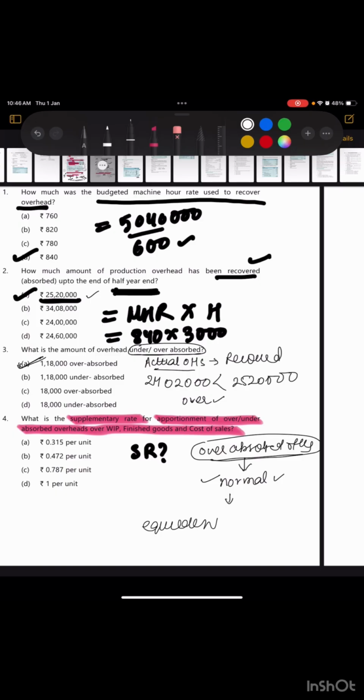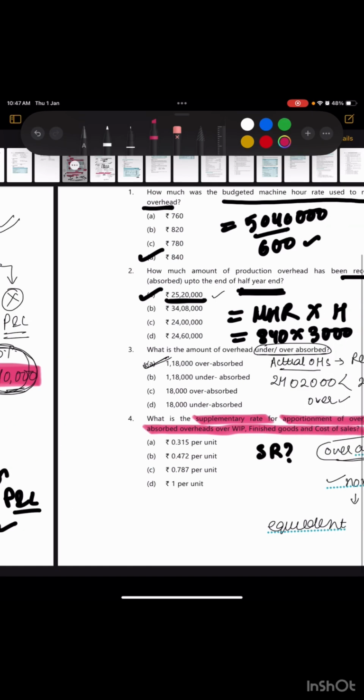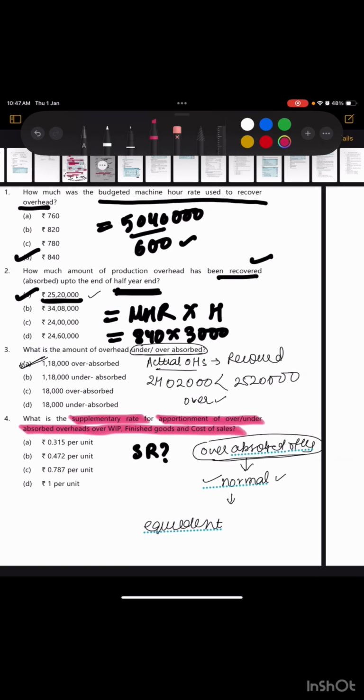Now equivalent units would mean that, as we can see here, the finished goods are 1,10,000 and work in progress is 80,000, but only 50% of the work is completed. So we have to find the equivalent to finished goods. Since 50% of the work is completed, the equivalent units will be 40,000. So what we have to do is divide the overheads related to normal reasons by the equivalent units, we find a supplementary rate, and that rate is applied to the units.